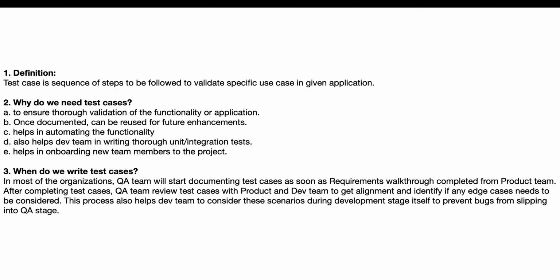We try to do this before development is done with their code changes. Because we are reviewing all our test cases before development completes their code changes, they can actually consider these scenarios during their development, and that in turn helps to reduce the number of defects in QA. We are kind of preventing defects from happening. So that's how test cases will help in a development life cycle.